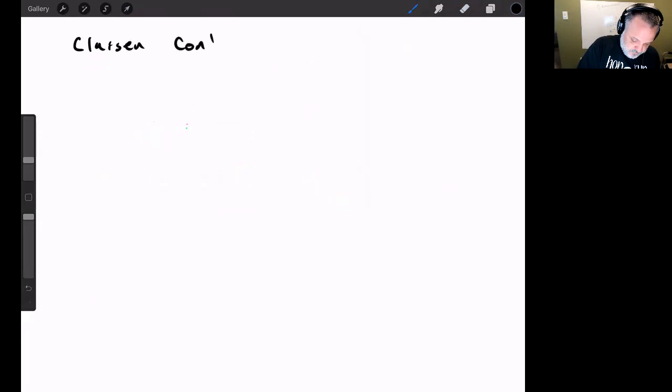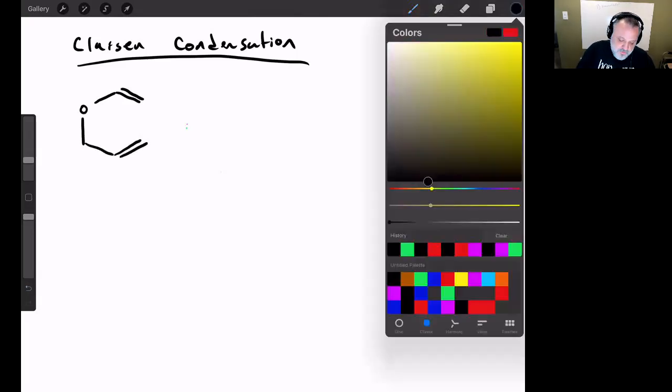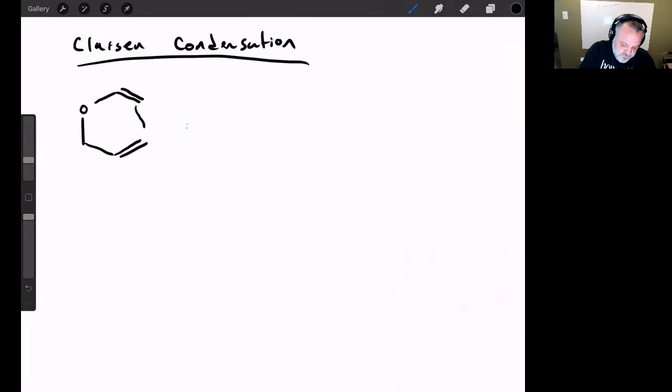The next bit that we want to get to, and it's the last bit, is the Claisen condensation. And the Claisen condensation is not as much to think about when it comes to a Diels-Alder reaction. In fact, it's analogous to the Cope rearrangement as far as the mechanism is concerned. But it's just a little bit of a difference in the driver.